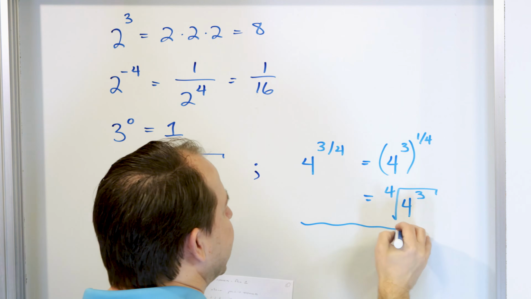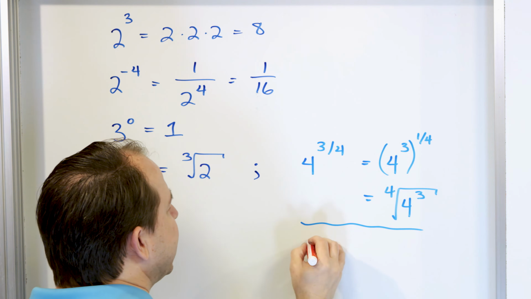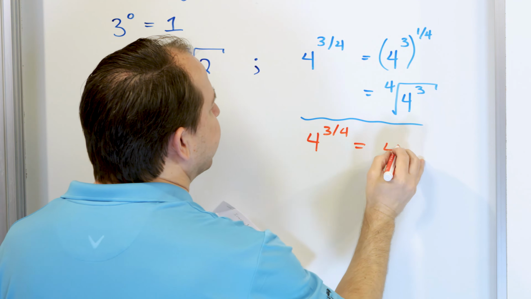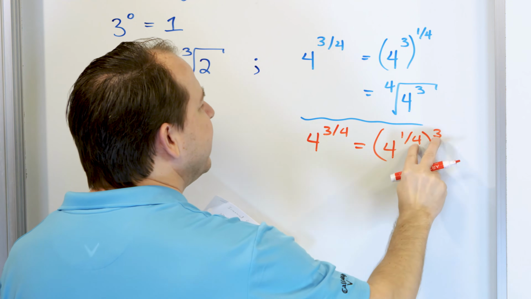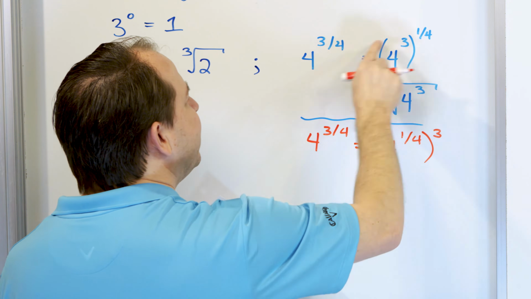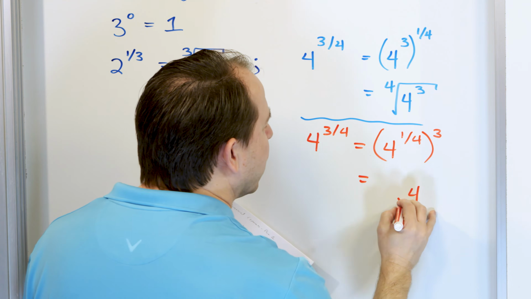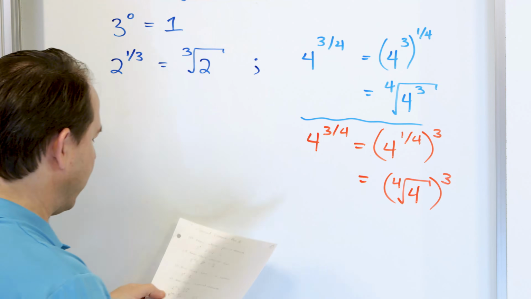But another way to write it, I'll switch colors to show you that, is instead of writing it like this, you could say that 4 to the 3/4 power can be written as 4 to the 1/4 power, and we raise that quantity to the 3rd power. See, the order here can be interchanged because when you multiply this and you multiply this, you get exactly the same thing. So if we do it this way, we have a 4 that we take the 4th root of, and then we raise that quantity to the 3rd power.